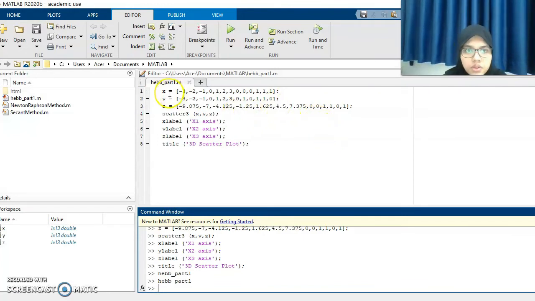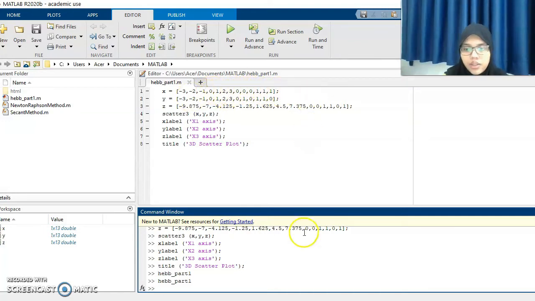For this x, we will put the coordinates of x that we obtained earlier. So x is negative 3, negative 2, negative 1, 0, 1, 2, 3, 0, 0, 0, 1, 1, 1.